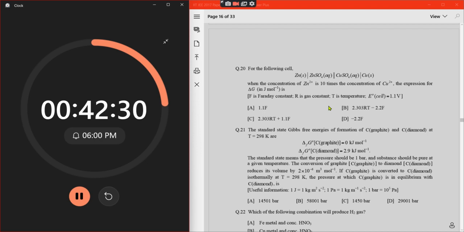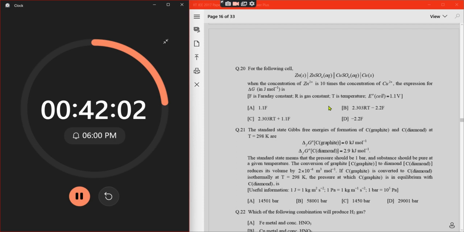So what you get is negative n, which is 2 in this case, so just 2. For F, Faraday's constant, we don't care actually. Okay, just negative 2.2 Faraday plus this thing, which probably is 2RT natural log 10 upon Faraday times Faraday.